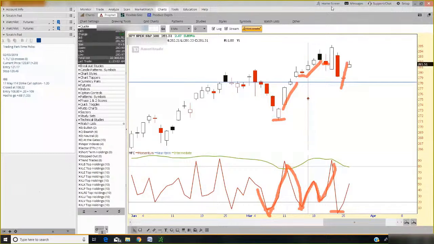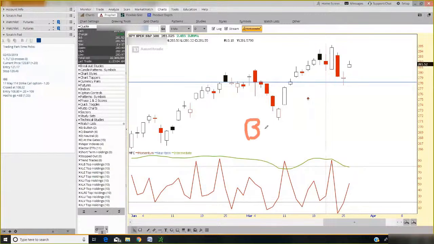So what we're going to be looking for in the stock market is when this green line is bullish and this near-term line pulls back here. That is showing us that the market has pulled back, but it could be in for a bounce to the upside. Okay.